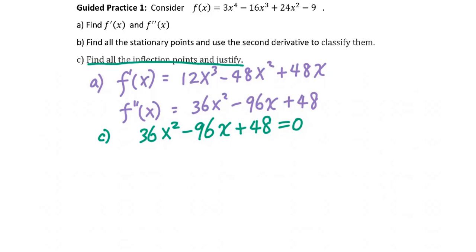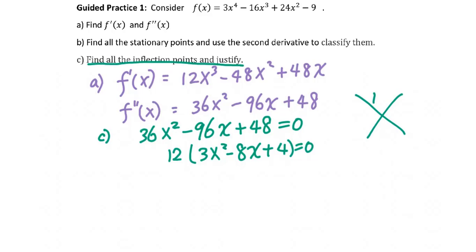I will show you how to use factoring to get the solutions. So the common factor is 12. You will get 3x squared minus 8x plus 4 equals 0. So the numbers multiply to 12 and add to negative 8: it will be negative 2 and negative 6.